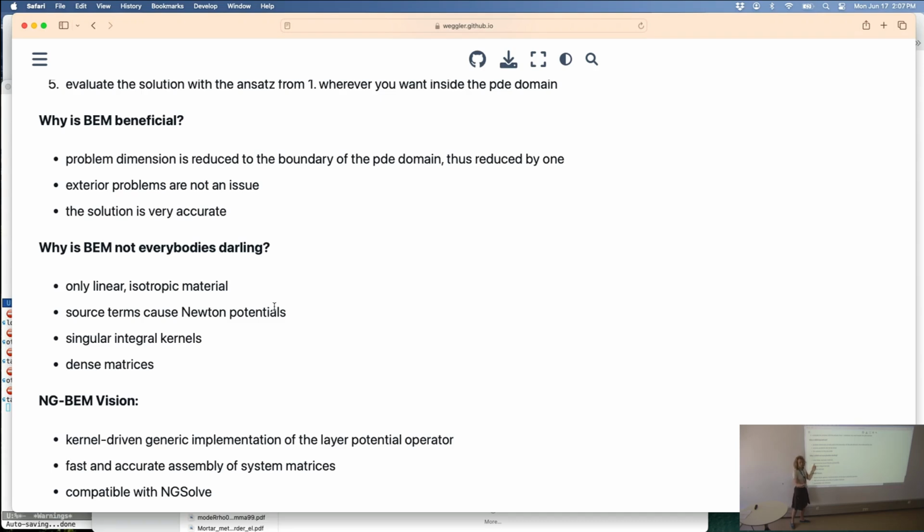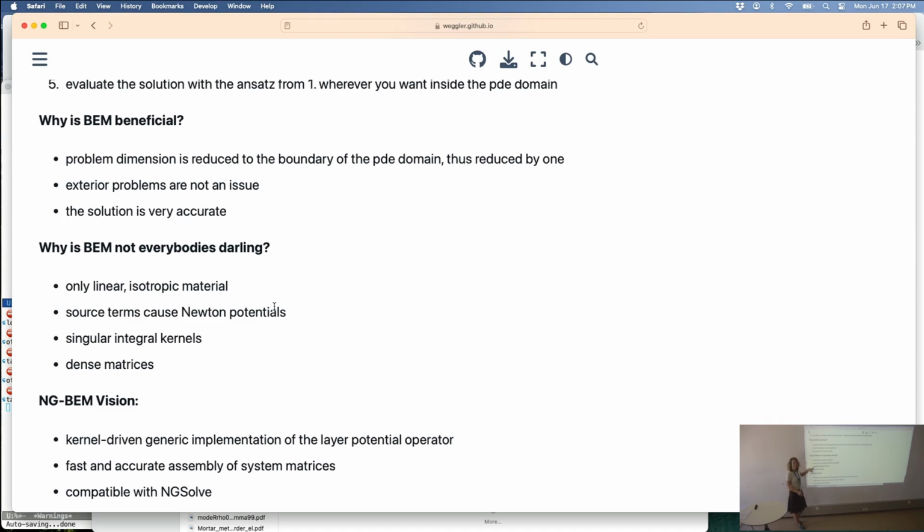If you have a right-hand side on your PDE, that would involve a Newton potential, and Newton potentials are integral operators in the domain again. So you don't like it. If you want to avoid Newton potentials, you consider the homogeneous equation. So second point is a homogeneous equation.